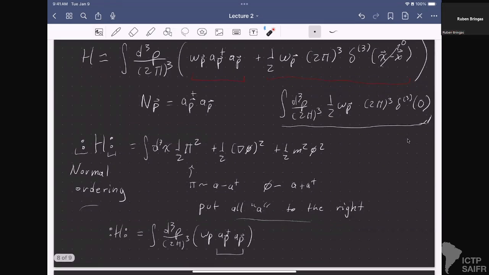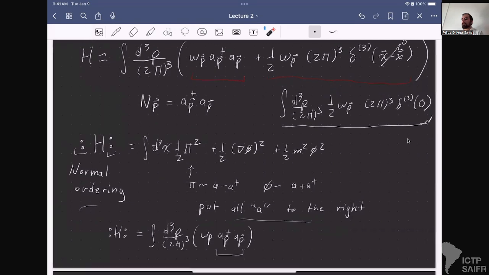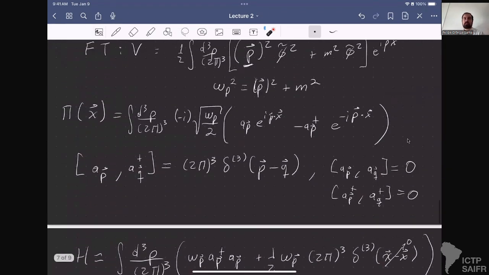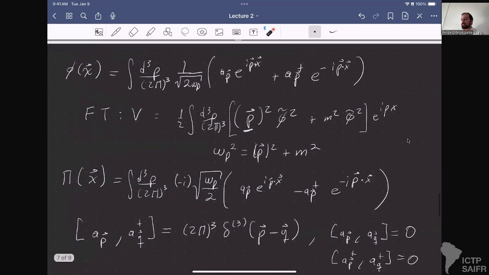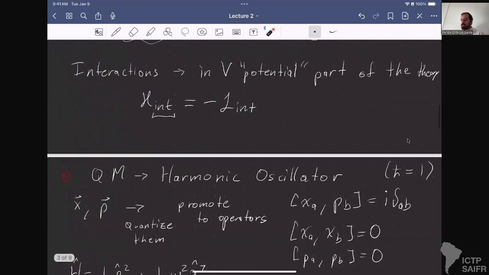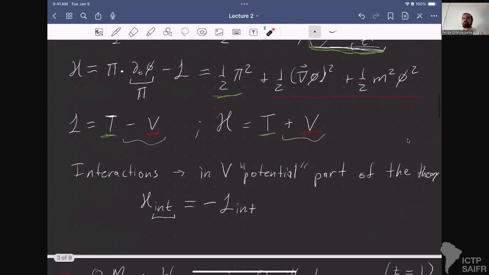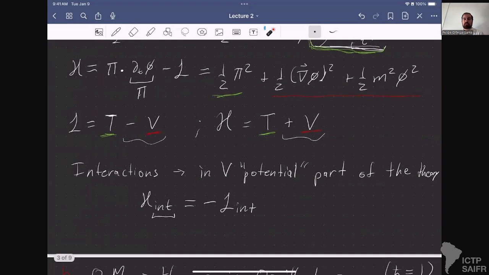Hi, Felipe. Hi, Ruben. I have a question. When you say the Lagrangian is equivalent to the Hamiltonian, in what sense? Yeah, so I didn't derive this here, but once you have calculated the Hamiltonian, you can go and calculate the time evolution of your system, right?